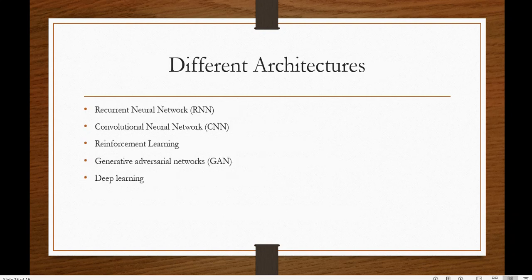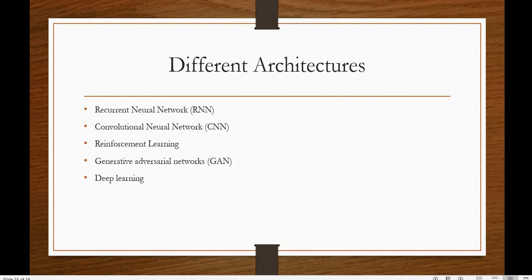But before completing this session, I just wanted to talk about the different architectures. When we talk about neural network, it's a generic term, but a neural network can have different types of architecture, meaning exactly how it works, how it performs, and how the nodes are structured.